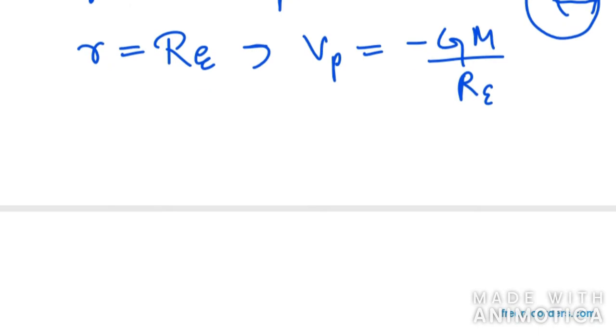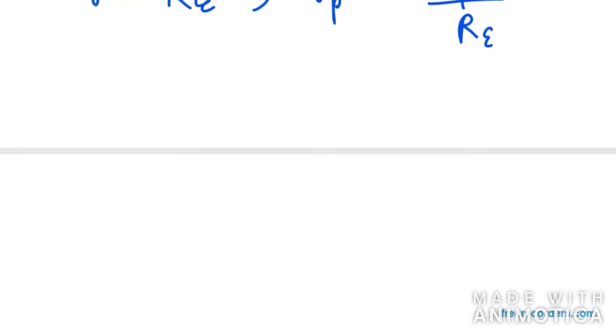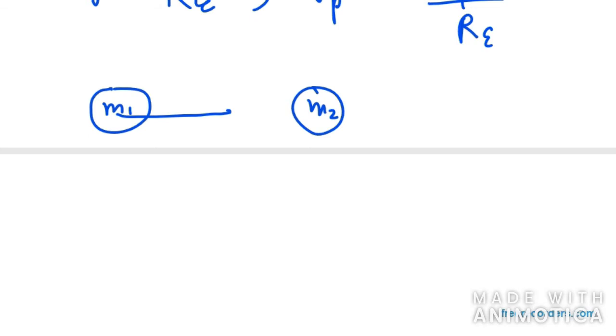Now the next very important thing, that is point of zero potential. How to find the point of zero potential between two objects. So let us consider that we have two masses, one is m1 and another is m2, and we have space between them, and I would be considering a point here, that is P, that P is the point of zero potential.